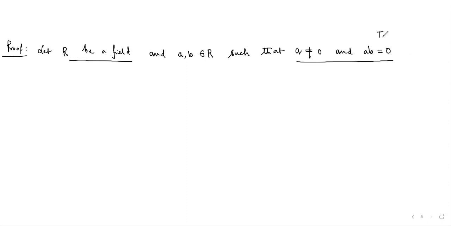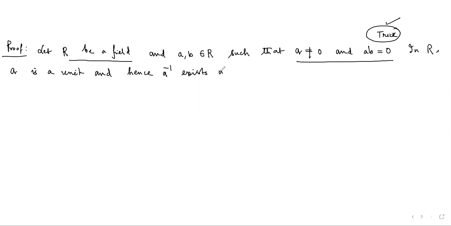This part you can consider to be the trick of the proof. In R, small a is a unit, because in a field every element is a unit, and hence a inverse exists in R.